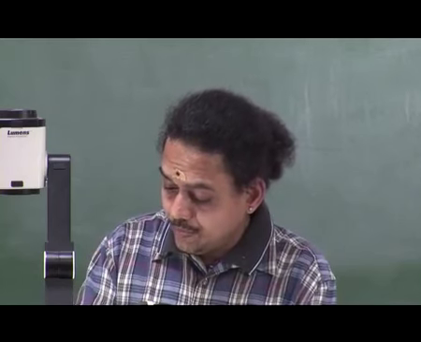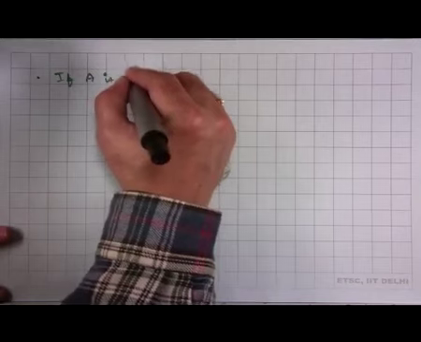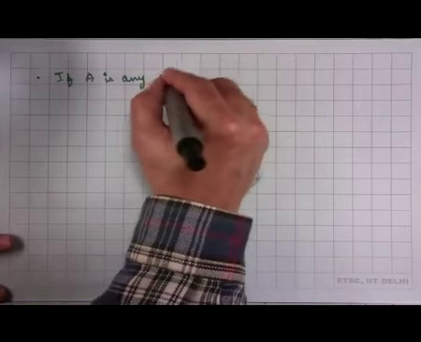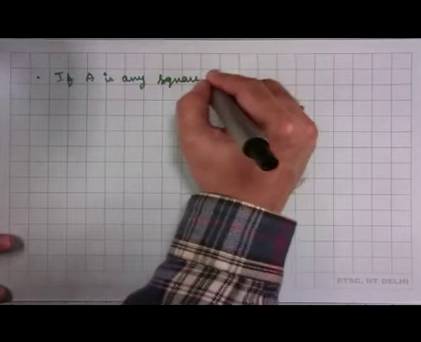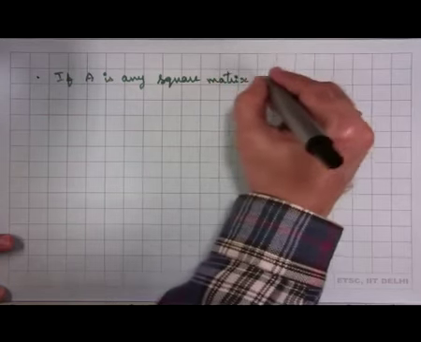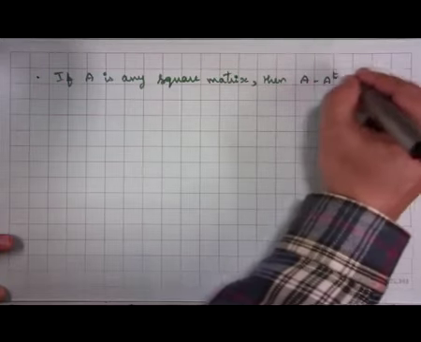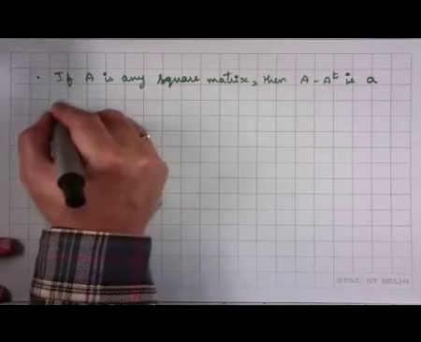Similarly, if A is any square matrix, then A minus A transpose is a skew symmetric matrix.